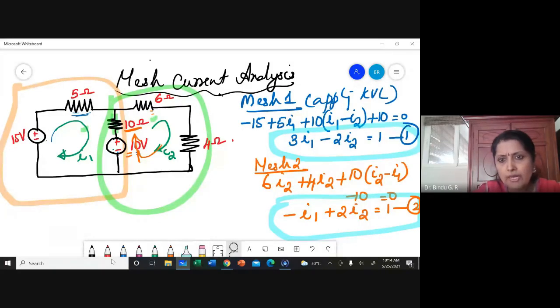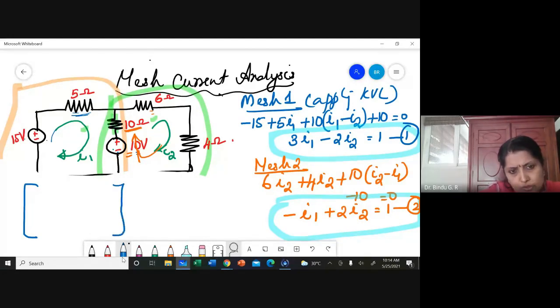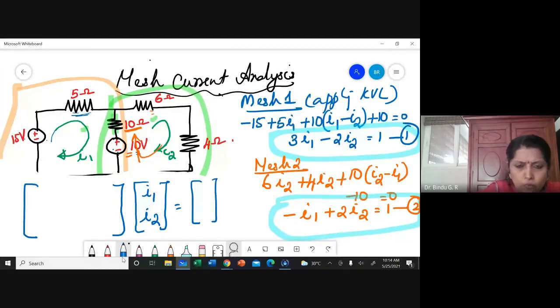How do I write the matrix formulation? All of you should listen now. I have to write a matrix equation like this, where I1 and I2 are the unknowns, equal to this. I have to fill up these values. Looking here, it is 3, minus 2.